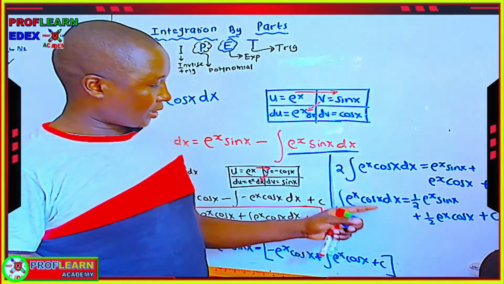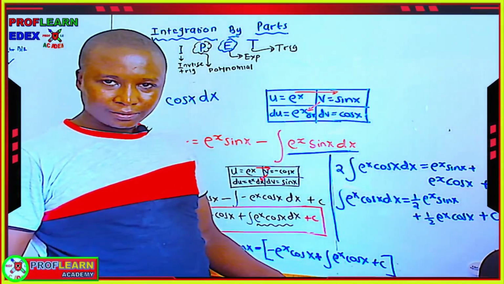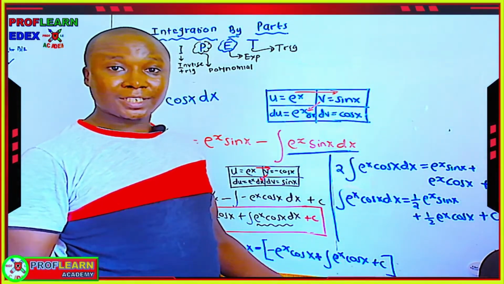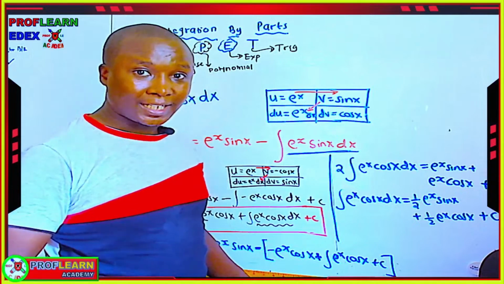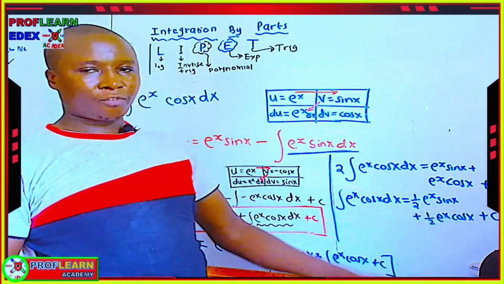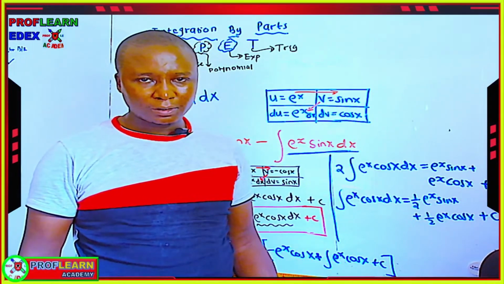Somebody may start arguing that if we divide by 2 all through, c will also have to be divided by 2. But what I'm insisting and maintaining is that this is a constant. So at the end of the day, we are not going to put a half on that constant, because even if you put c over 2, it is also a constant.